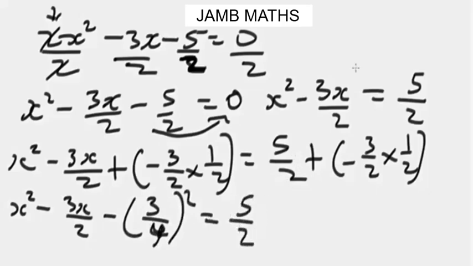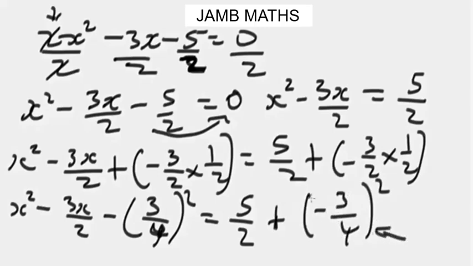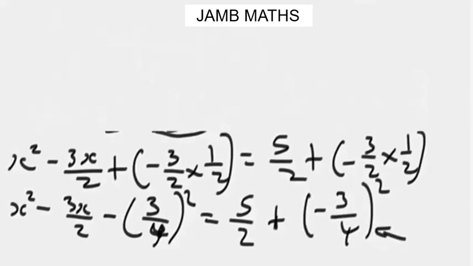Remember, you need to break down everything we have here. When you simplify the right side, we have 5/2 plus (-3)², which gives 9, over 4², which gives 16.